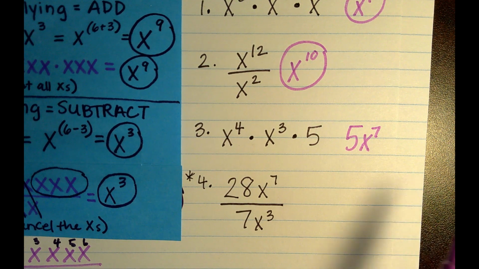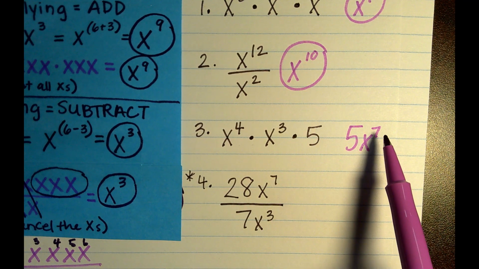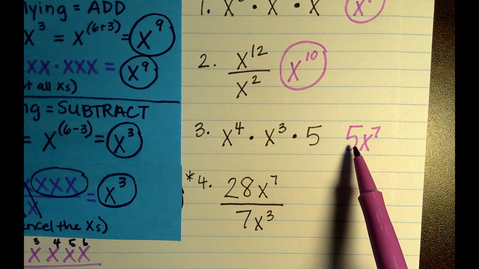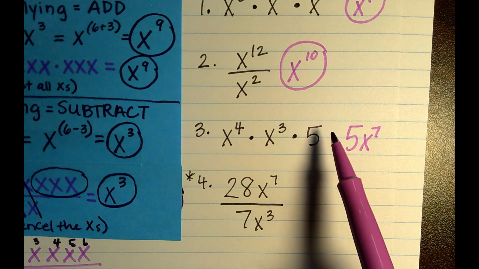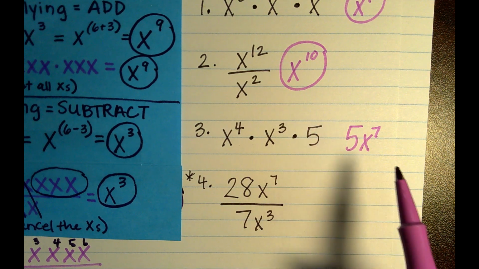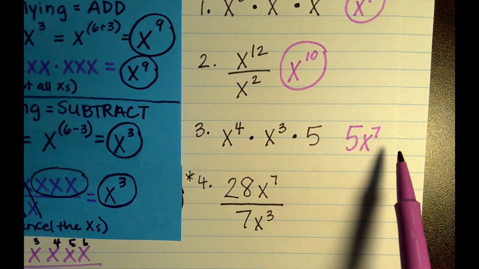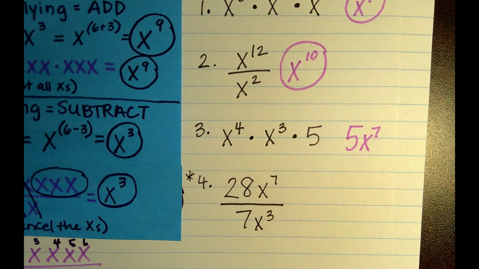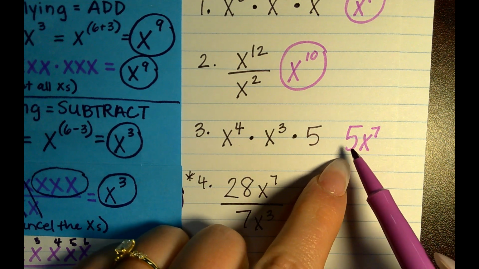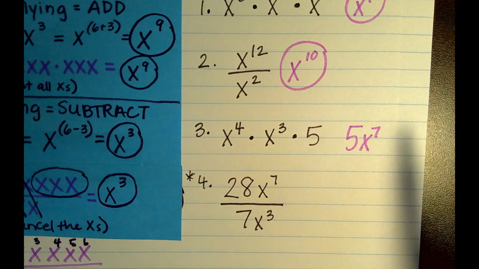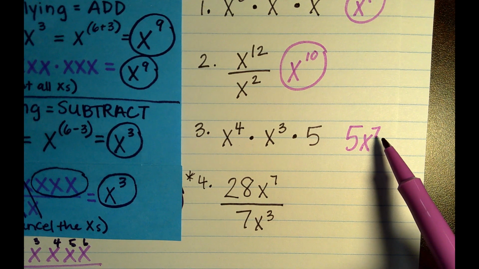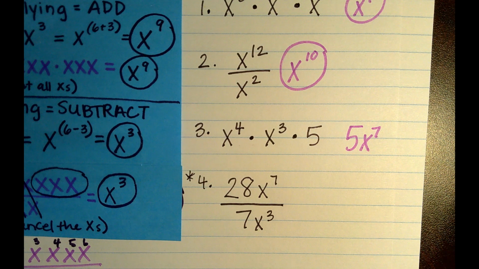In the future, I want our whole numbers, which we call coefficients, to come before the variable. It'll make simplifying things a little bit easier, but 5 times x to the 7th power is the same thing as x to the 7th power times 5. So those are both correct.